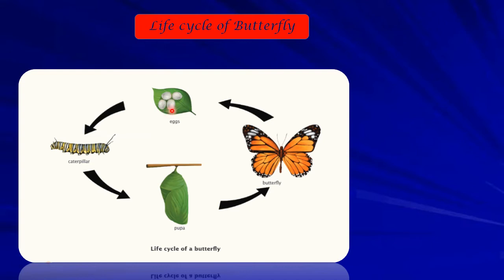Then what happens? Whatever hatches out of the egg should be another butterfly, right? But here, to our wonder, a caterpillar comes out of it. See how different it is. From the butterfly, it lays the eggs, and from the eggs, what should come? Another butterfly should come. But in this case, it's not like that.